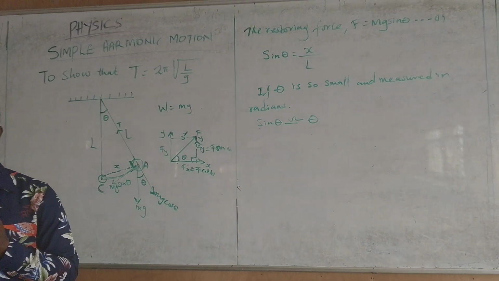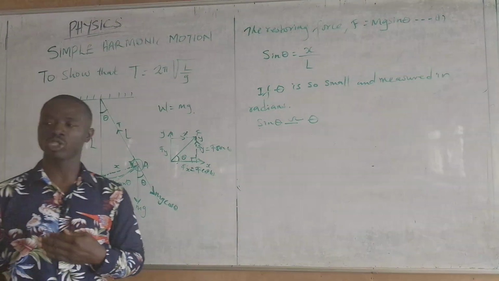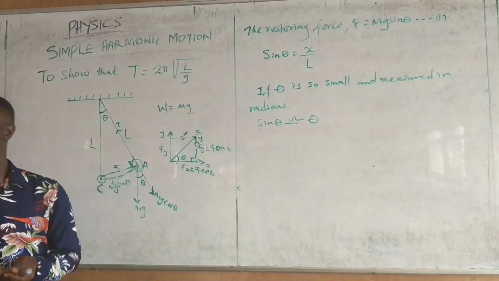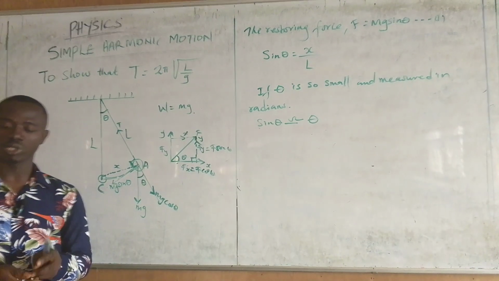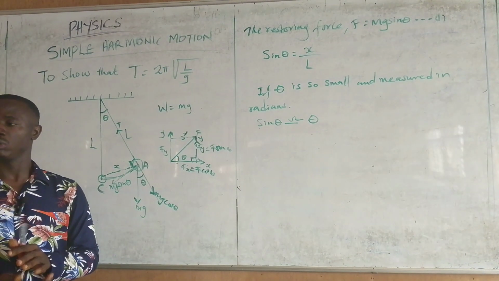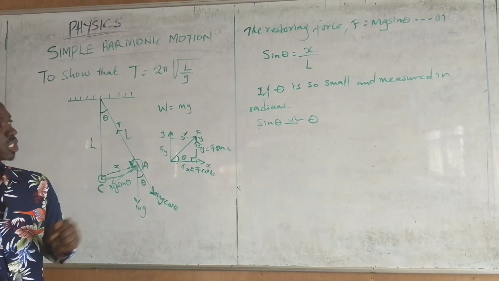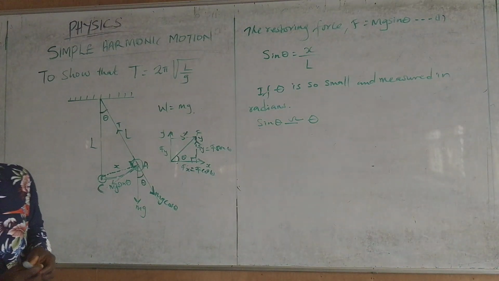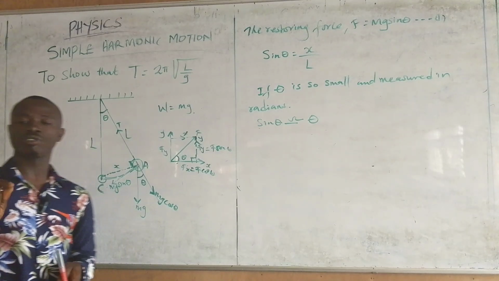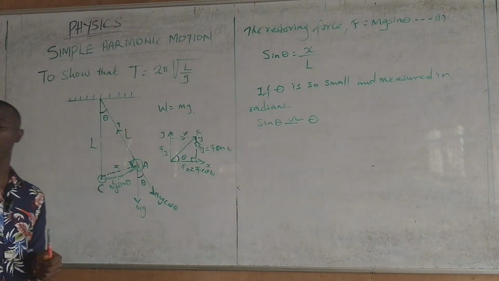Pick your calculator and convert it to radian. Press mode, and from mode you will see degree, radian and the rest. Put it to radian, then press sine 0.5. 0.5 is a very small angle.